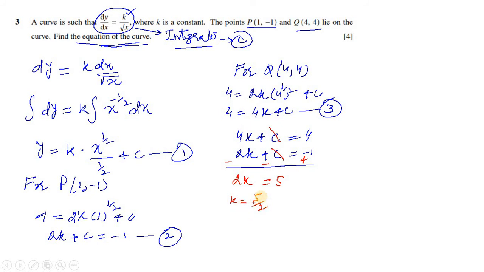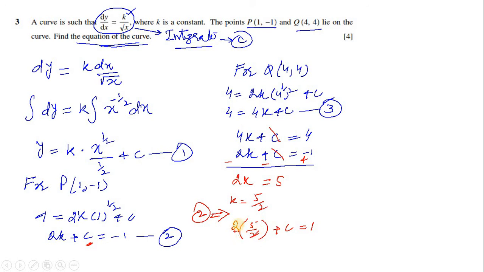Now you have k as 5 by 2. You substitute 5 by 2 in any one of the equations, like equation number 2. So this implies that twice of k, which is 5 by 2, plus c, that's what we need to find from here, is equal to minus 1.